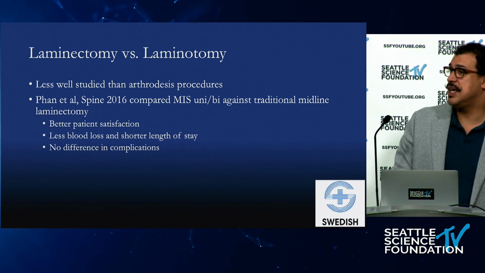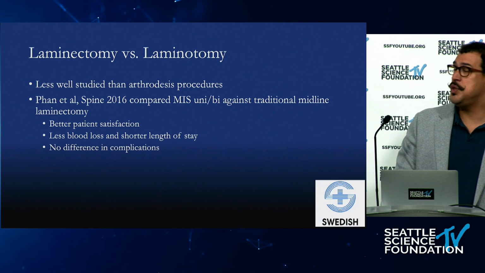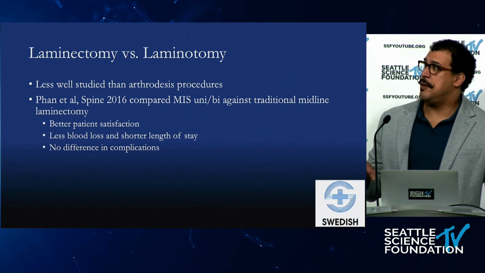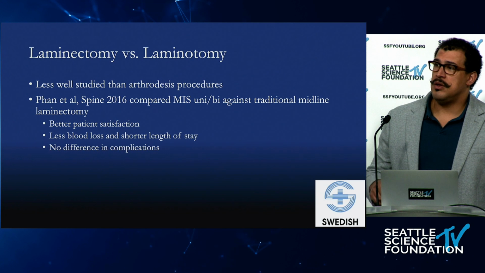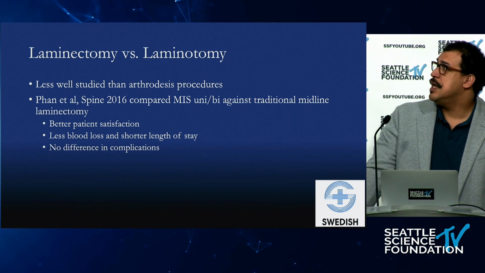Laminectomy and laminotomy, I think, is something to consider. It's not as well studied, but people that are taught traditional open laminectomy is one thing. Doing a minimally invasive, when I say unilateral laminotomy with bilateral laminoplasty, or just using a McCullough retractor and doing a midline sparing decompression, those are all technically the same surgery, but very different ways of approaching it.